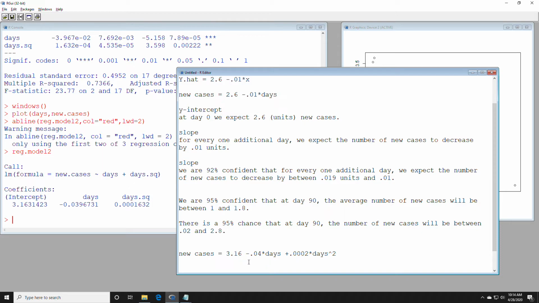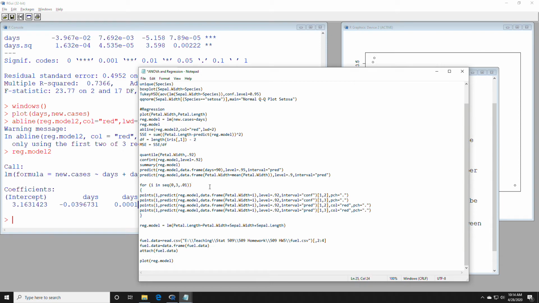Okay? So this is our new model. And so now, again, I still just have days, and that gives me new cases. So let's see. It should be the same. Now we'll do a prediction interval for reg.model2.